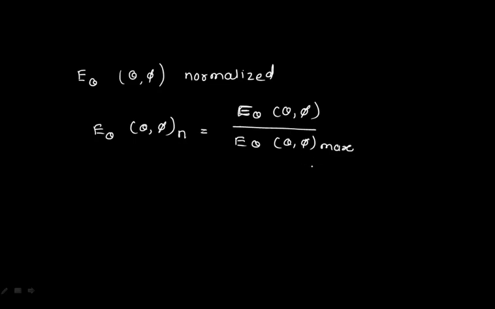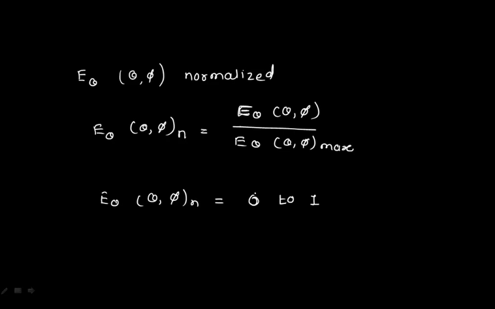So the range will be from 0 to 1. So the maximum value will be 1 and the minimum value will be 0. Okay, so this is all about the normalized power, sorry, field pattern.